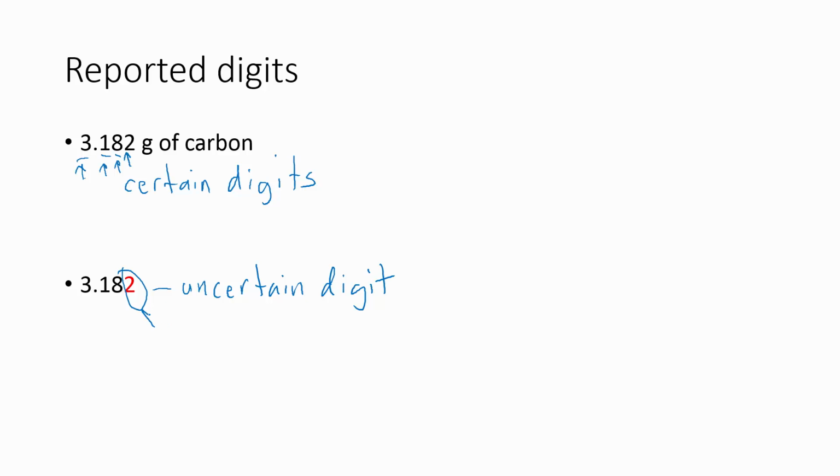So that uncertain digit means that I am again indicating that I am plus or minus 1 in that particular value. So this measurement of carbon could be seen as 3.182 plus or minus 0.001 grams. Just as we'd expect from seeing a number reported to this many decimal places, this is a pretty certain measurement of the mass of carbon that must be present.